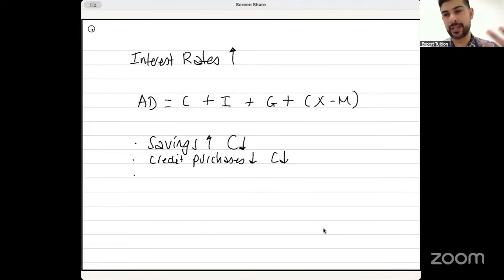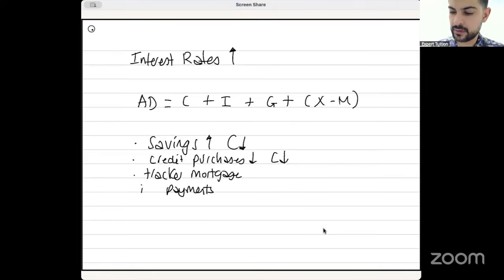Do they therefore have more or less money left over? They obviously have less disposable income, therefore consumption once again goes down. So our third route was tracker mortgage payments higher, or interest payments higher, therefore consumption down. They have less money, basically. Okay, so clearly consumption is going to go down.